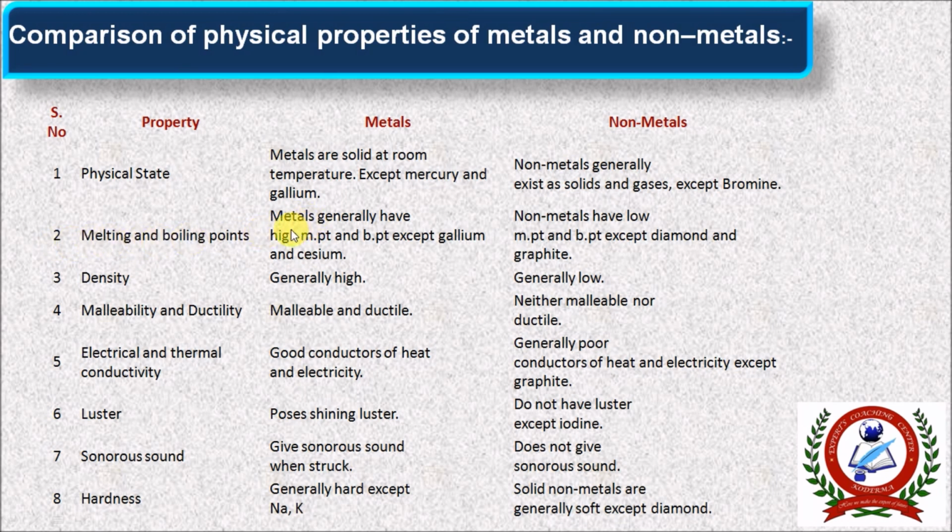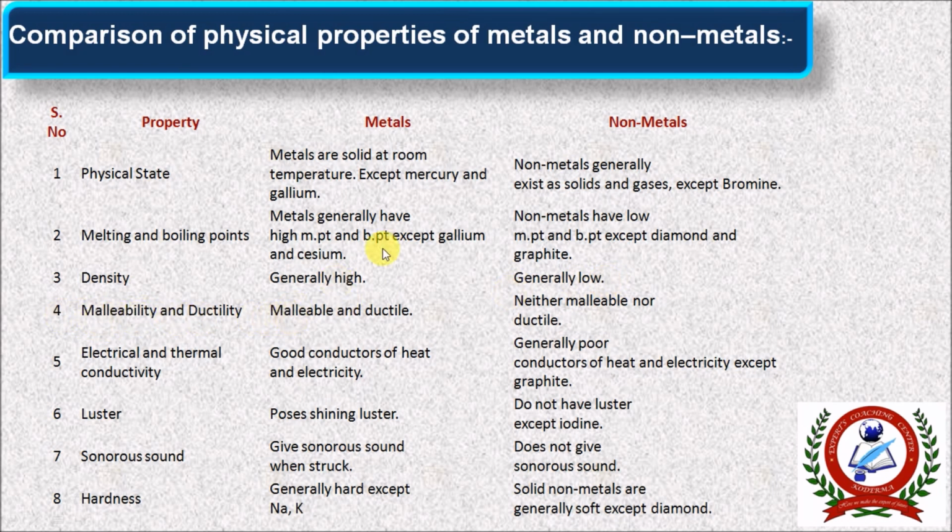Melting and boiling points: metals have high melting and boiling points except gallium and cesium. Nonmetals have low melting and boiling points except diamond and graphite. Density: metals generally have high density and nonmetals have generally low density.